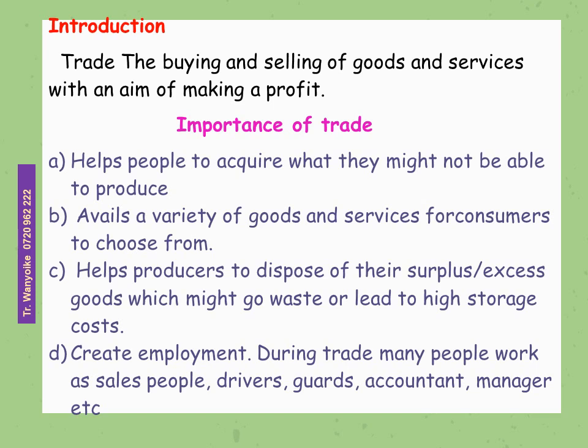Otherwise, they would have to feed on that huge quantity, which will go to waste, or incur huge costs in storing the extra harvest. Trade therefore helps to dispose of whatever extra has been produced. The same applies to a dairy farmer who has maybe three or four cows; the family may not be able to consume all that milk daily, and therefore they have to sell it to avoid wastage.